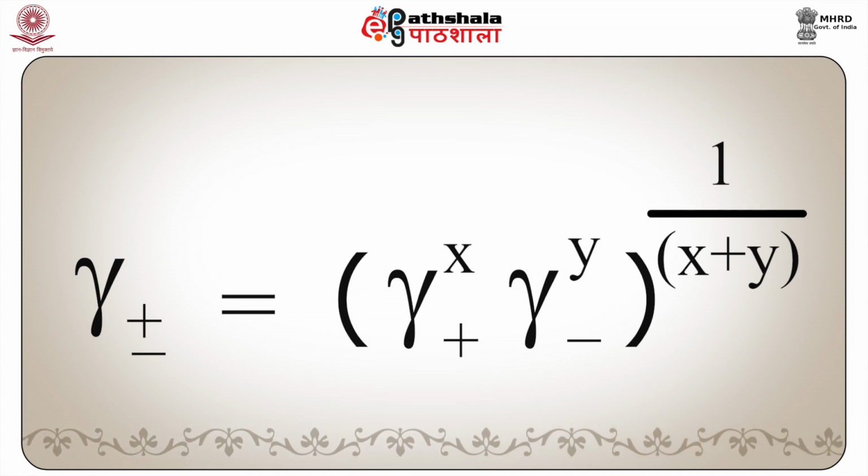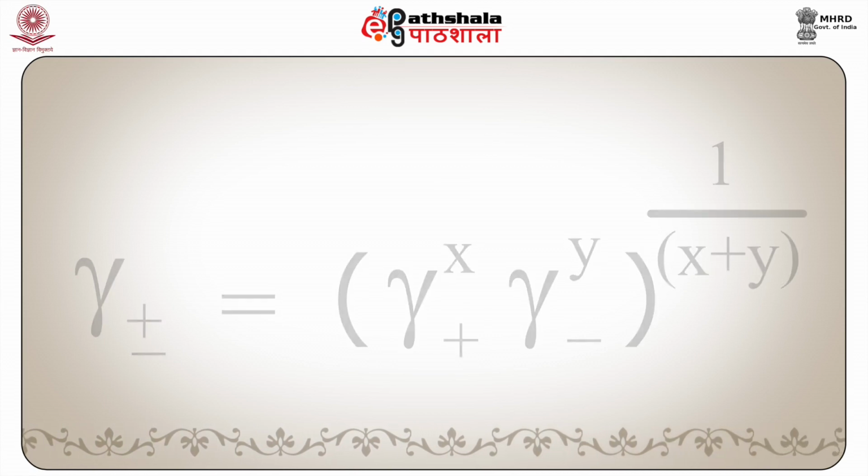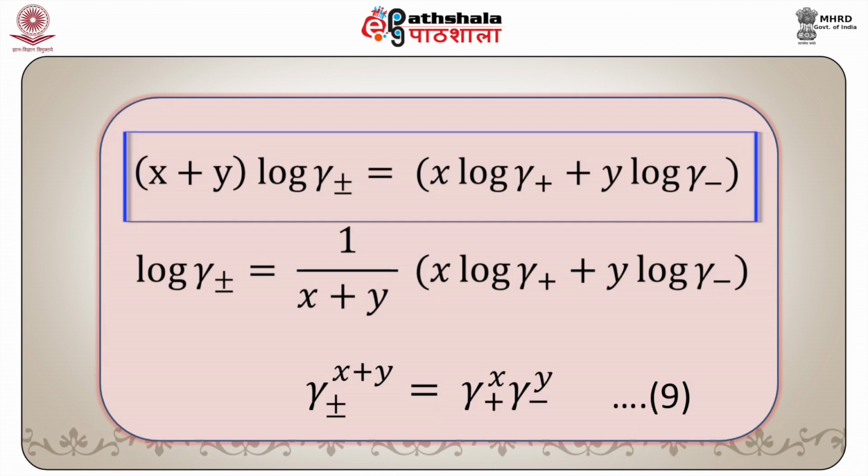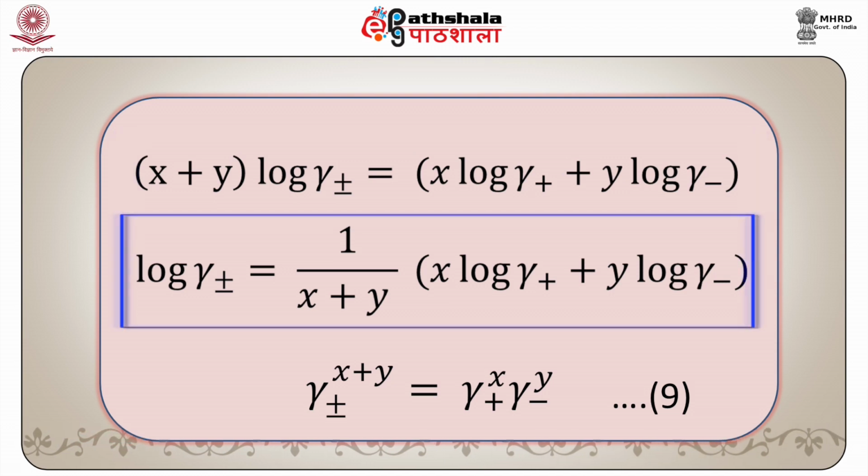Taking logarithm on both sides of this equation, we have (x plus y) times log of gamma± is equal to x times log gamma+ plus y times log gamma-. Or this can be written as log of gamma± is equal to 1 upon (x plus y) into (x times log gamma+ plus y times log gamma-).